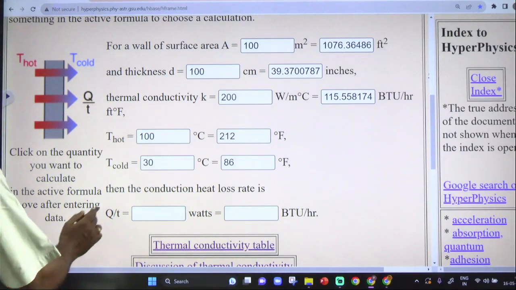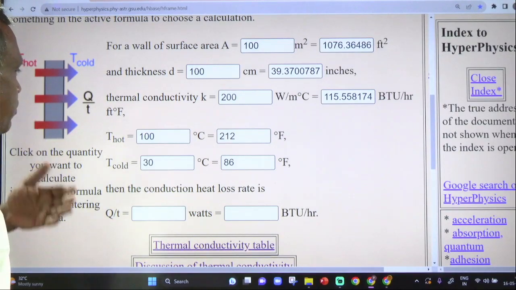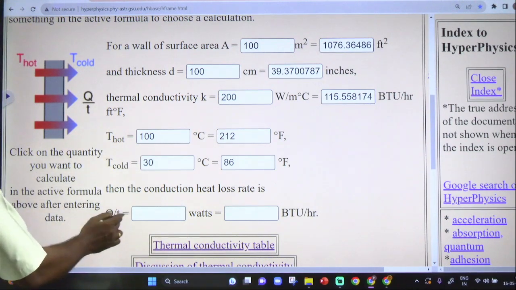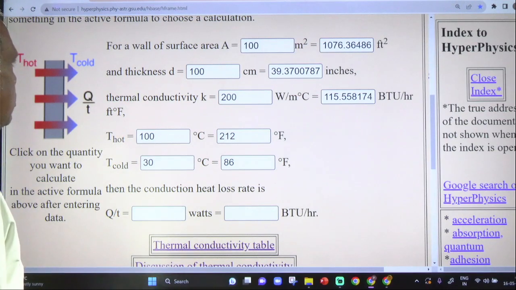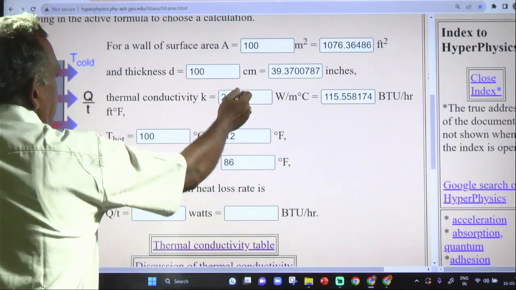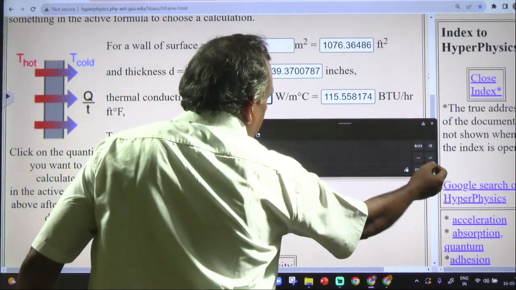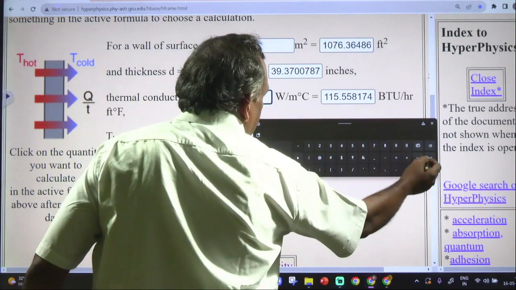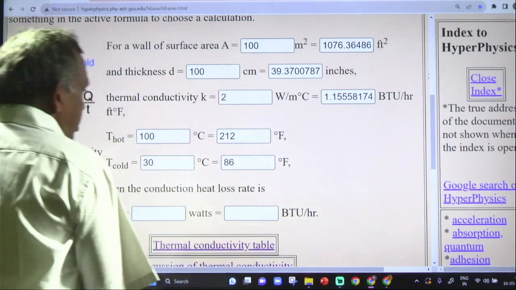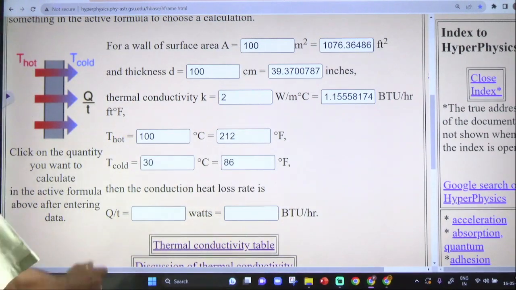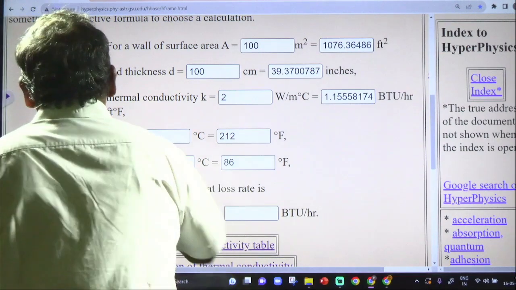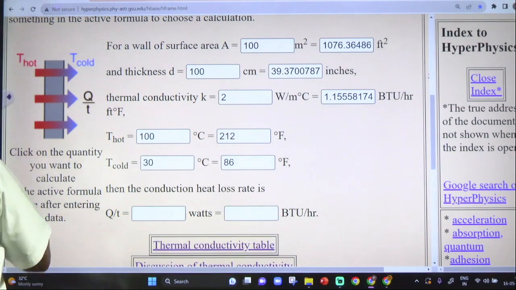What is the rate of heat transfer? Substitute values. The thermal conductivity value is a bigger value, so some value should be changed here. Let us take 2 as the thermal conductivity.